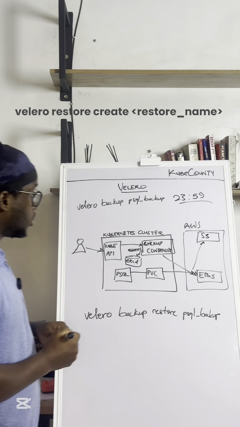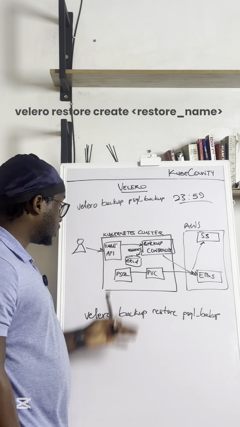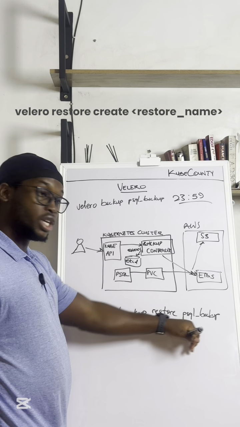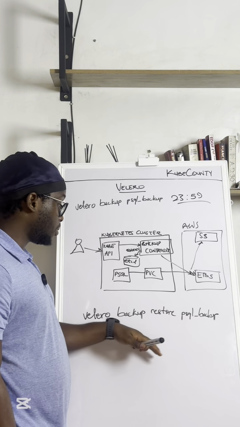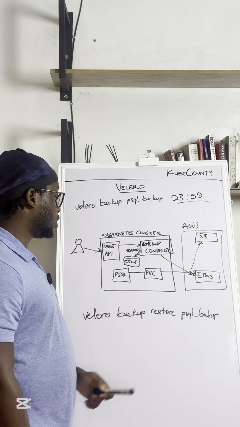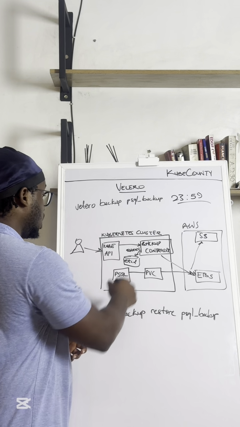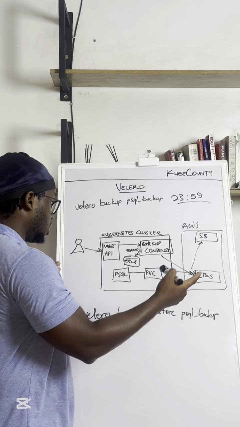And this will go back into where it is stored, because Velero is going to save the location where it is stored also in etcd. So it's going to go back there, get the particular object that is the snapshot of this PVC, and restore that into the database, and you have your database back.